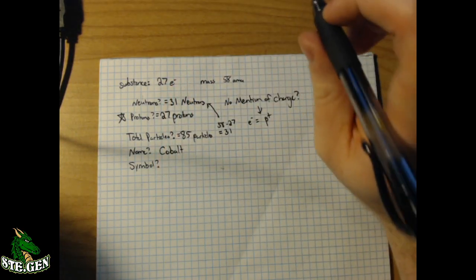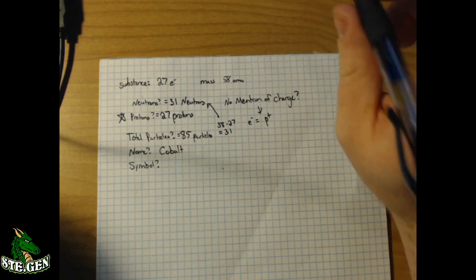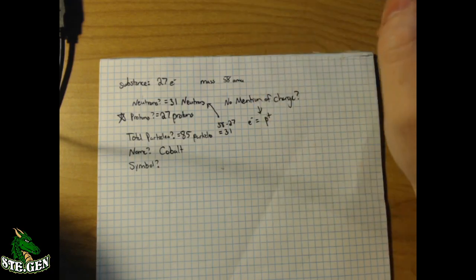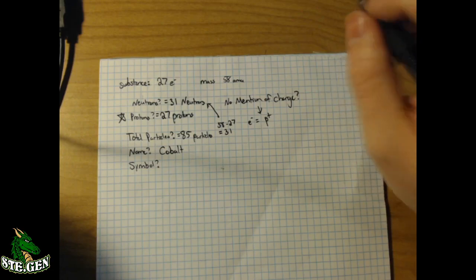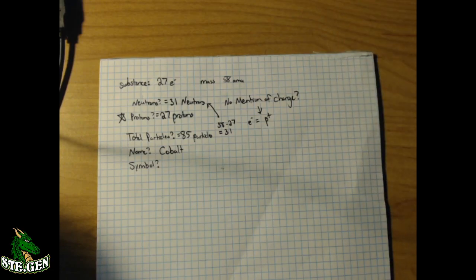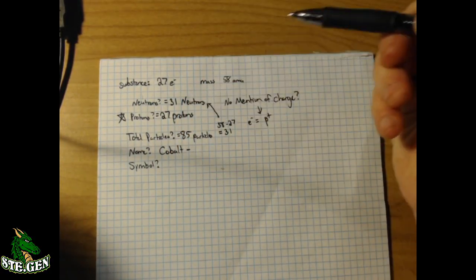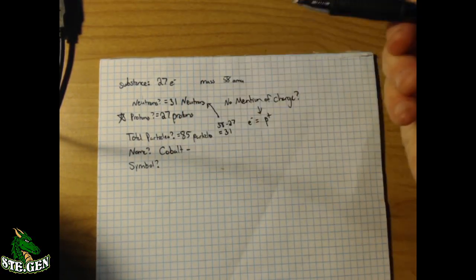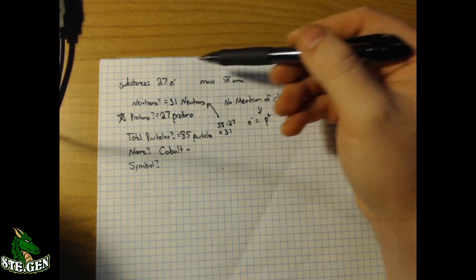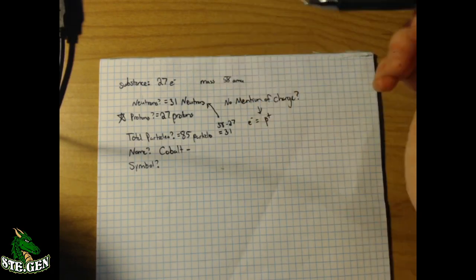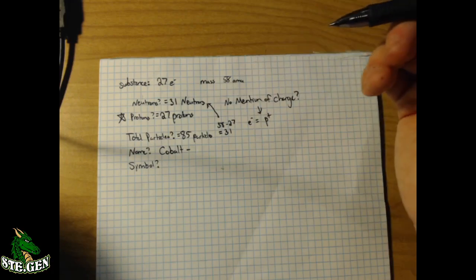Now, we need to specify, though, this is not just any cobalt. This is not cobalt in general. This is specific cobalt, and because it is specific cobalt, we need to identify it. Identifying by number of protons, we already did. We said it's cobalt. Identifying by number of electrons is not super helpful, because it's the same as the number of protons.